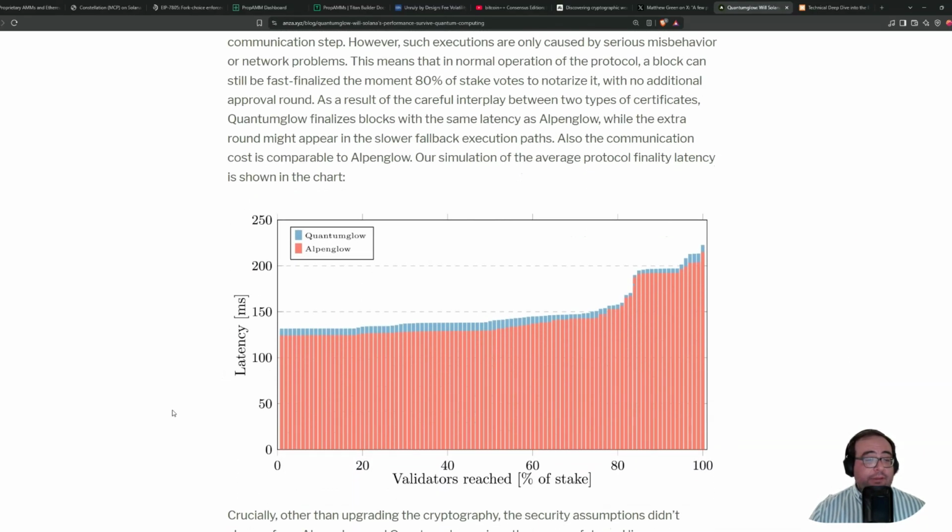In the end, QuantumGlow is as secure as Alpenglow in terms of liveness and safety. And the performance is also good. The latency for finality is really comparable to Alpenglow.